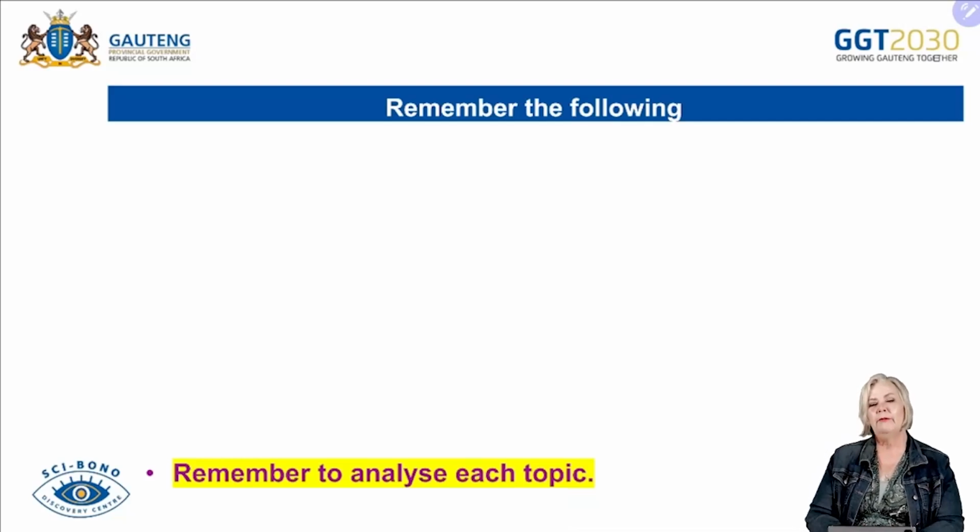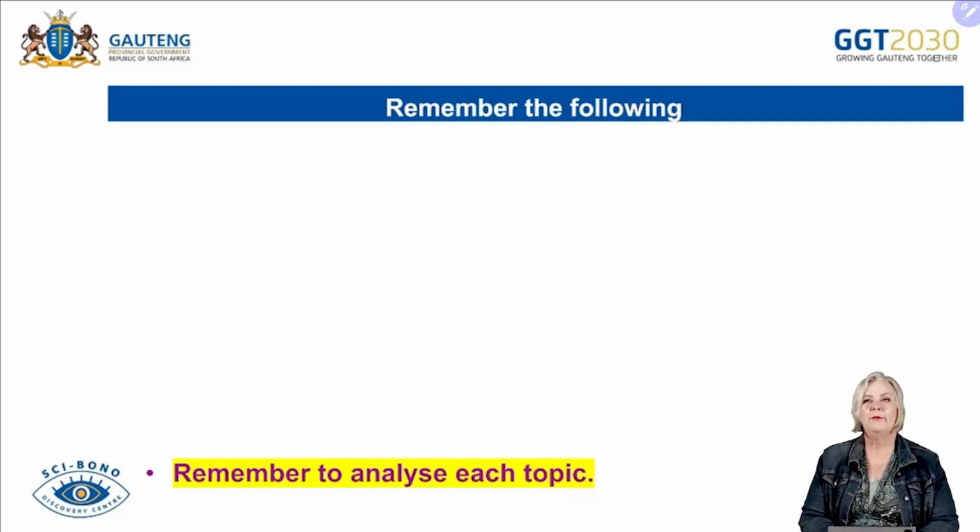And I want to reiterate, remember that paper that you receive is yours. You have worked 12 years to write that paper. It is yours. So you are allowed to highlight on that question paper. You are allowed to underline or encircle on that paper.